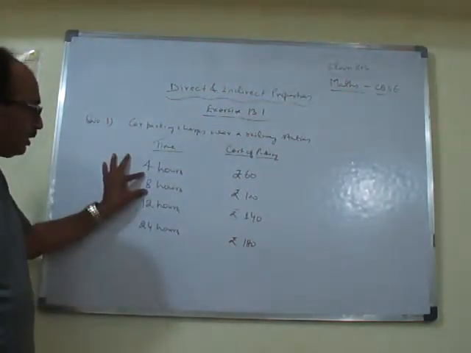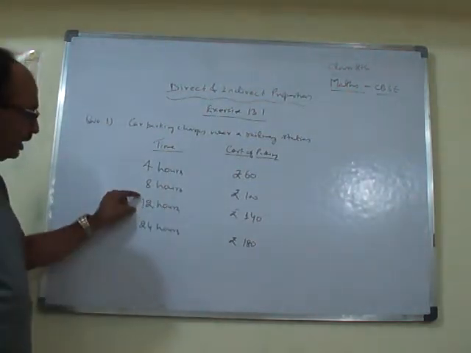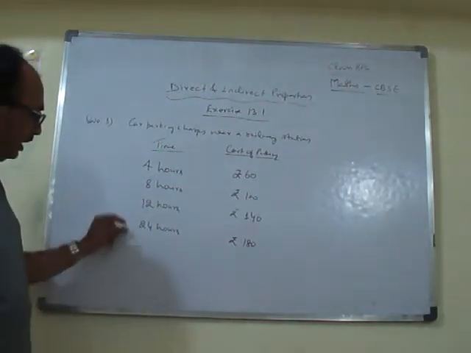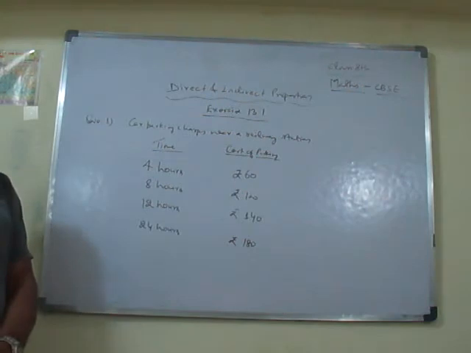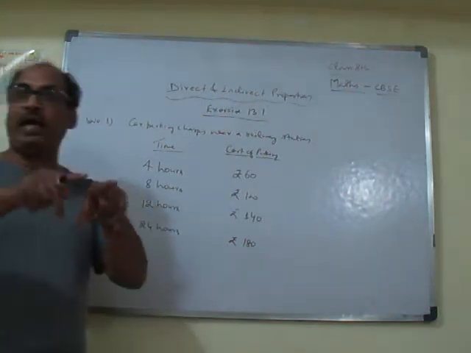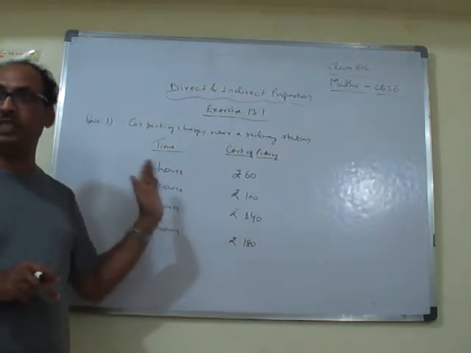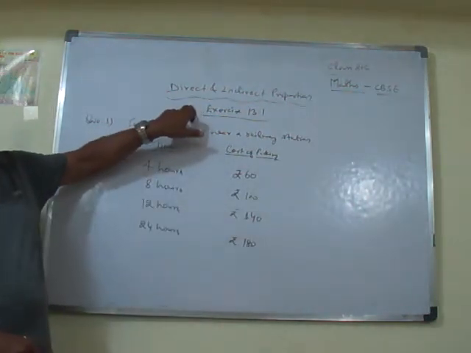If the car is parked for 8 hours, 100 rupees will be taken. If the car is parked for 12 hours, 140 rupees will be taken. And if the car is parked for 24 hours, 180 rupees will be taken. Now we need to find whether this is in direct proportion or not.